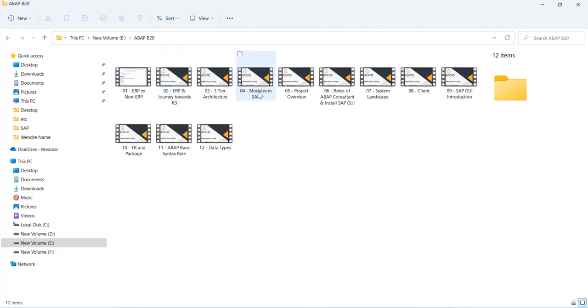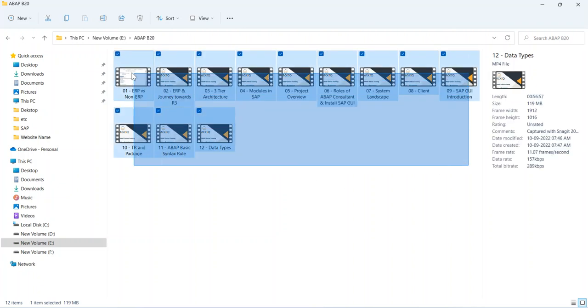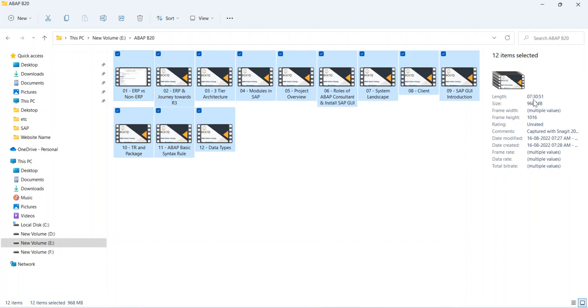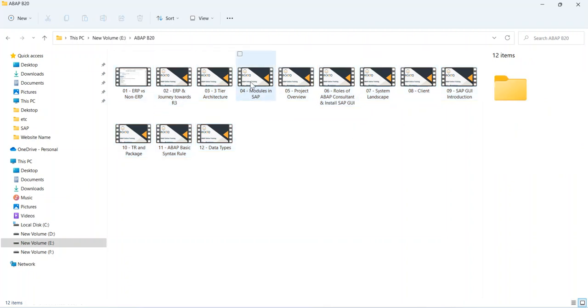One, two, three, four, five, like this. Not so much is completed so far. Only 7 hours 30 minutes of class is over. 7 classes only. Actually 12 classes, but only 7 hours. I was going slow because I know that people will join somewhere in the middle, so it should not affect them. You don't have to worry about all these recordings for tomorrow's class.